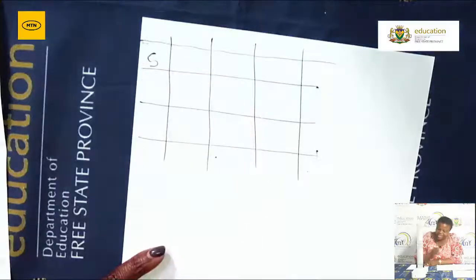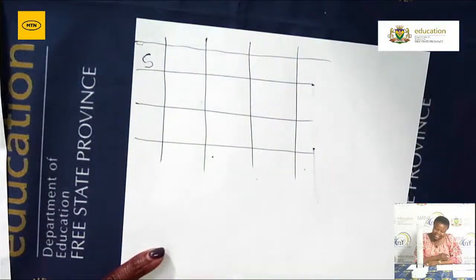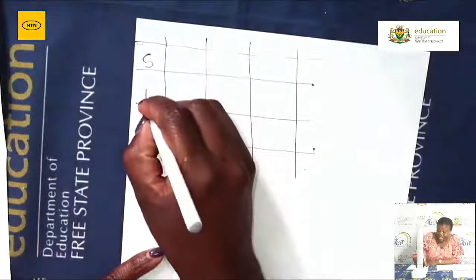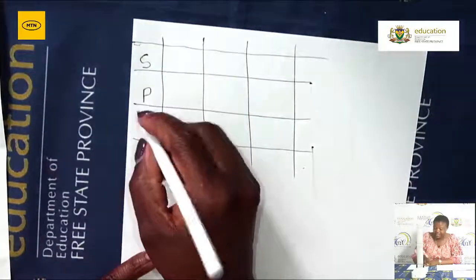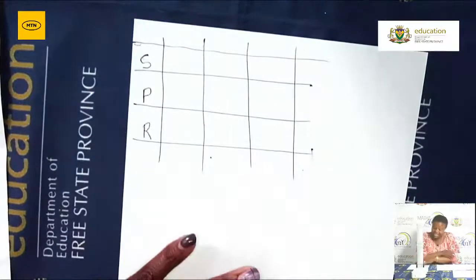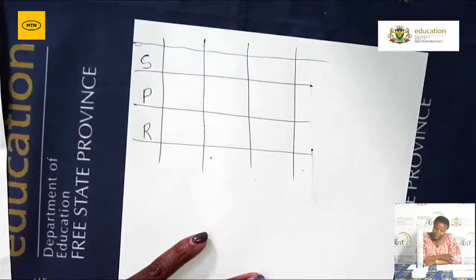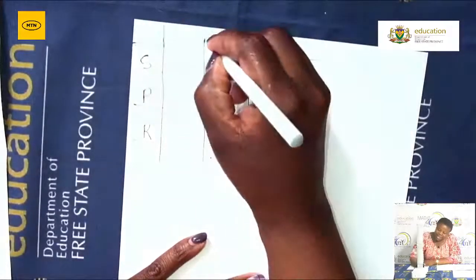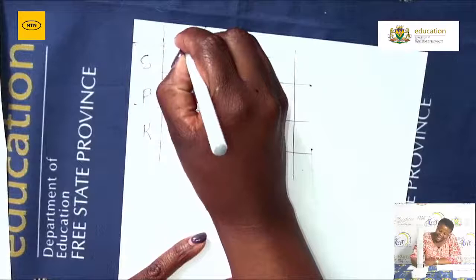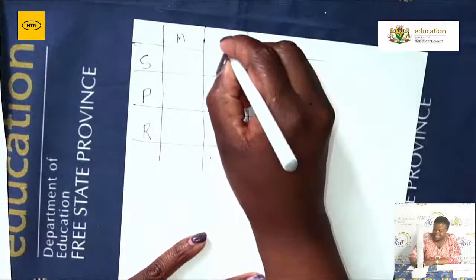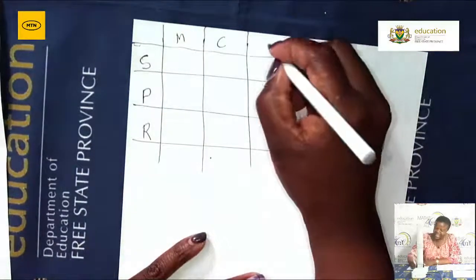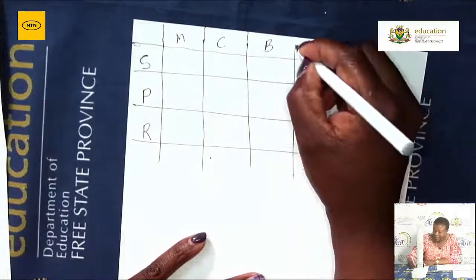So I am going to make use of symbols. For samp, I use S as a form of starch, and porridge I use P, and the other one is rice. And then for the protein part, we use mince, letter M, we use C for chicken, and then we use B for beef.